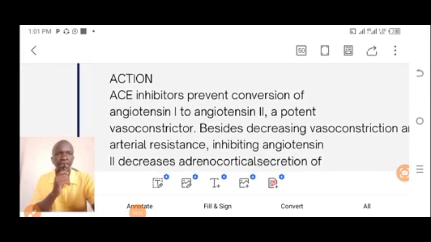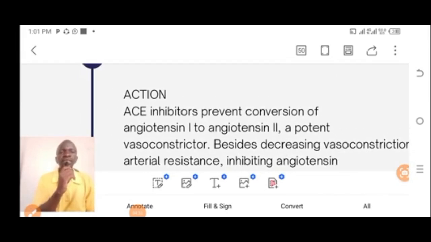So this is the action. Angiotensin converting enzyme inhibitors prevent conversion of angiotensin 1 to angiotensin 2, a potent vasoconstrictor. Angiotensin 2 causes peripheral vasoconstriction, which leads to high blood pressure.